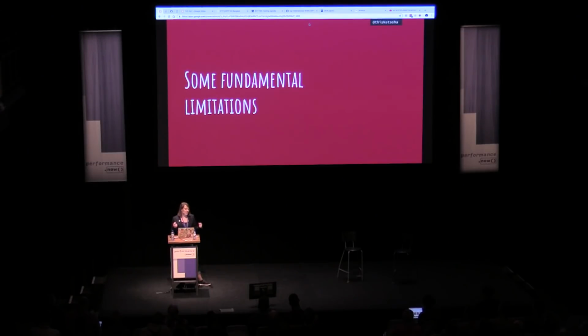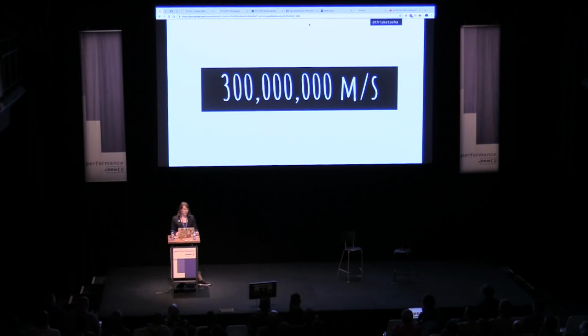Network engineers need to think about a few fundamental things when we're building protocols. One of the first things that we need to have a think about is this: 300 million meters a second is the speed of light. Not quite, it's 297 something million, whatever. It's around about 300 million meters a second. This is a fundamental network limitation.